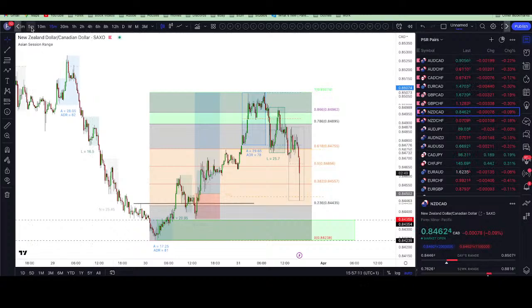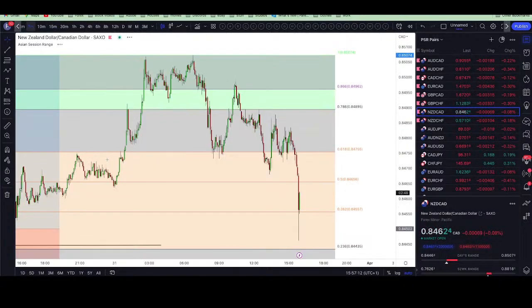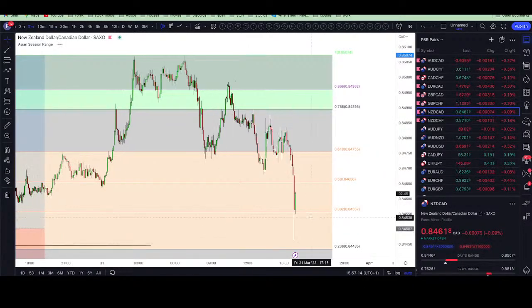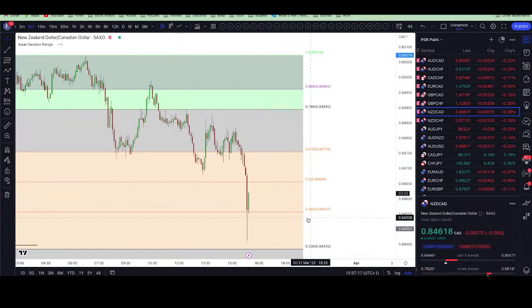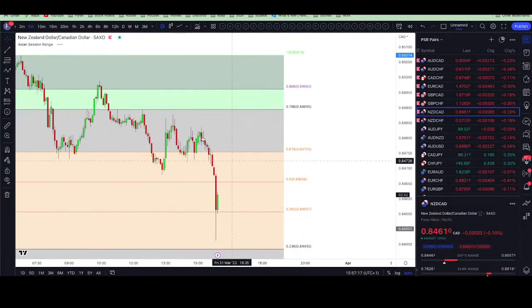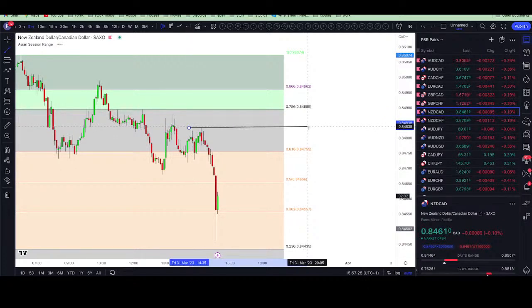We're seeing a massive rejection off of here so far. Bit more riskier because we're only seeing a 5 minute structural level here right now. So the 5 minute structural level for the break of structures all the way up here, and you can see that's what Neo picked up as well.